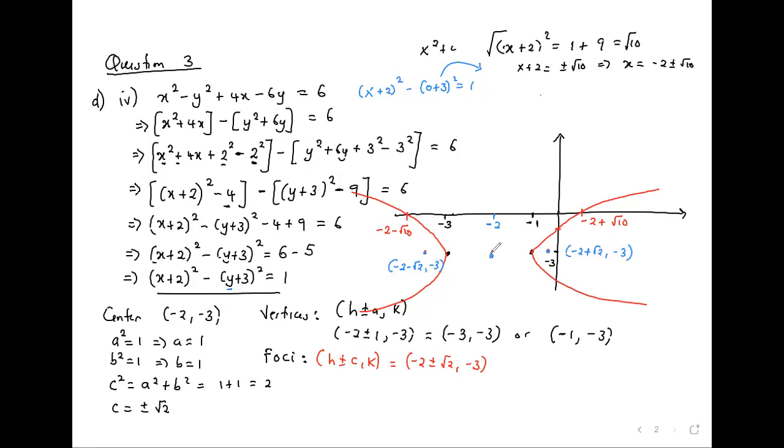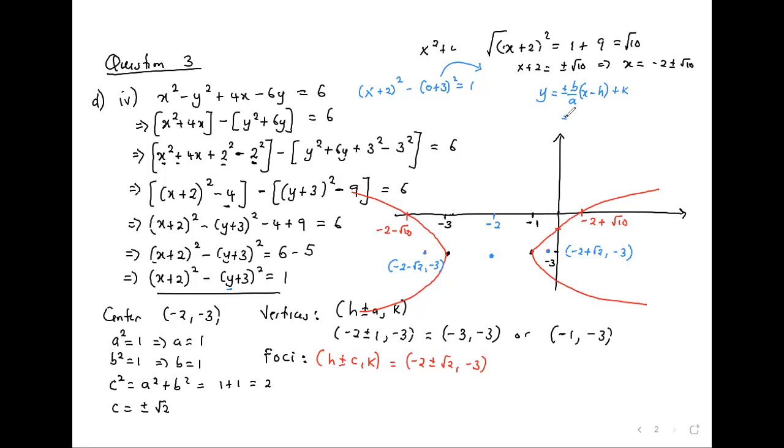This is the center. So now the asymptotes will have y equal to plus or minus b over a times x. Remember, there's a shift here. So when there's a shift, we have x minus h plus k, meaning that our b is 1 and our a is 1.